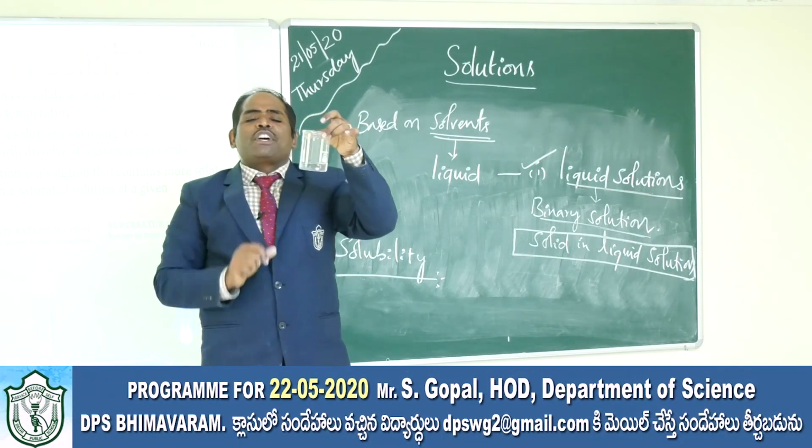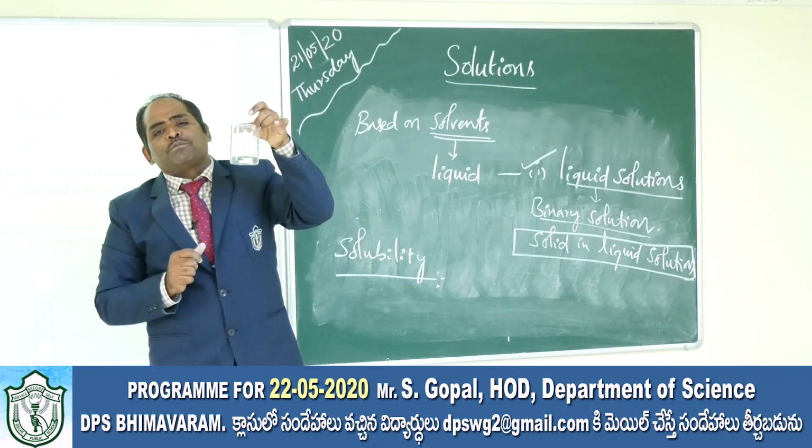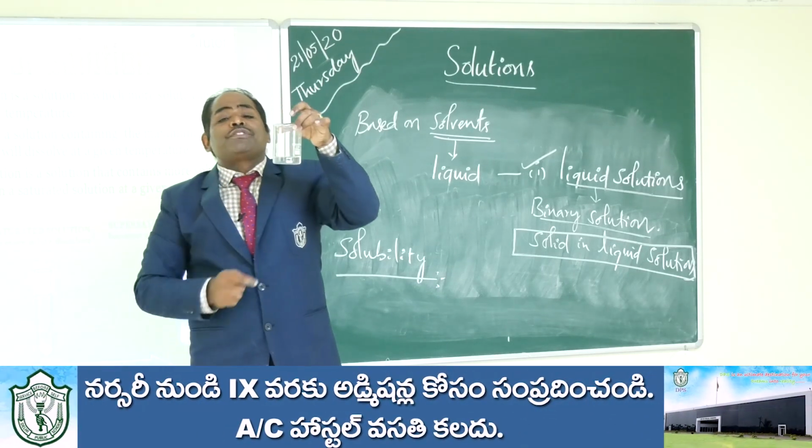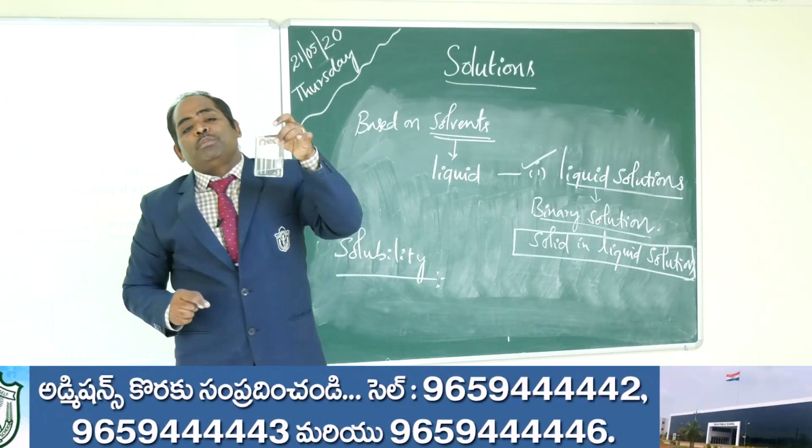Only if you take 100 grams of solvent, weight of the water is 100 grams, and the maximum amount of solute which can dissolve in the 100 grams of water, then that is called as a solubility.